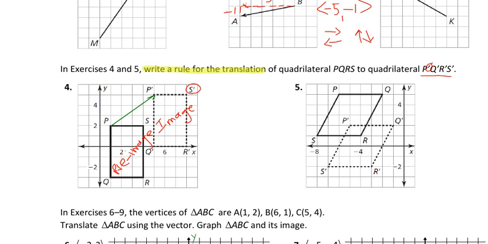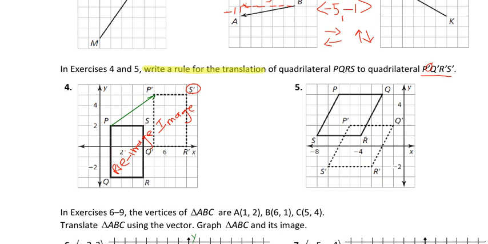So the component form of the vector would be how many units right and how many units up in this case. So if we look at this vector, we're going 1, 2, 3, 4. We're going 4 units to the right, and then we're going 3 units up.